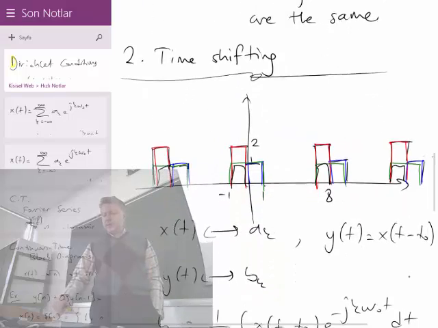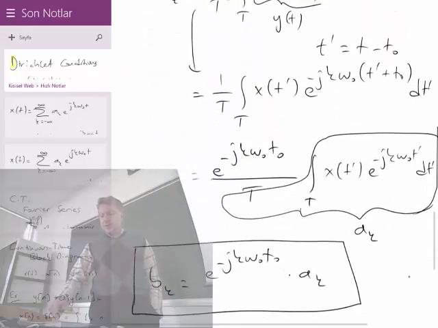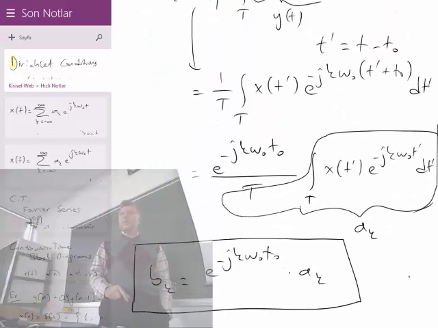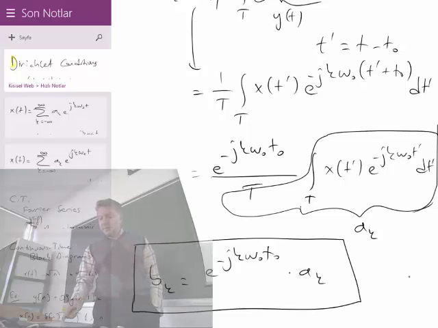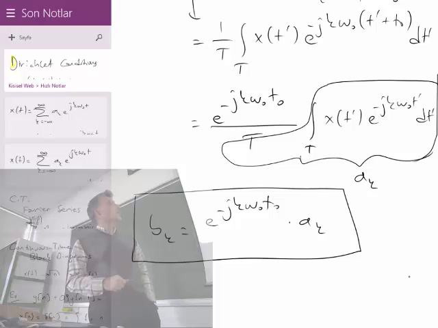So that's the linearity property. And if you have a time-shifted version of a known periodic continuous time signal, then the corresponding Fourier series coefficients will be scaled by e to the minus jk omega 0 t0.